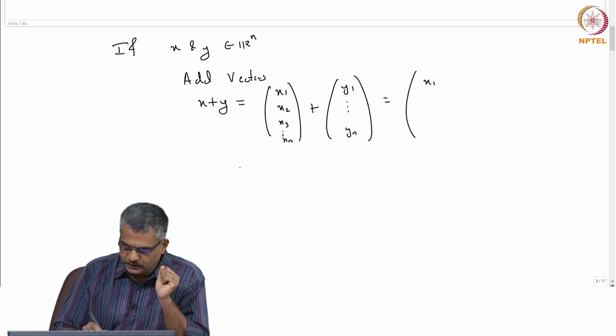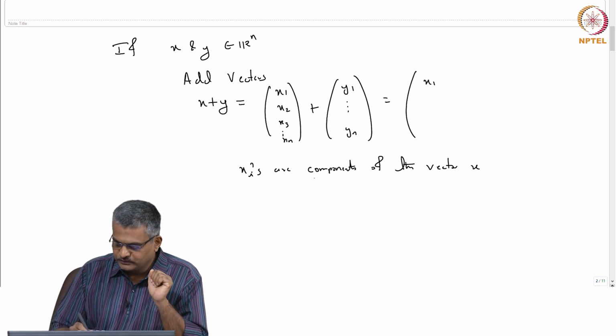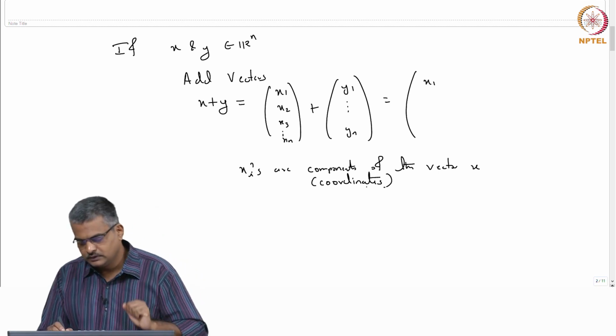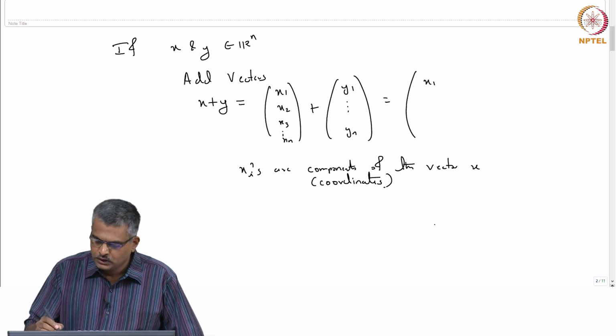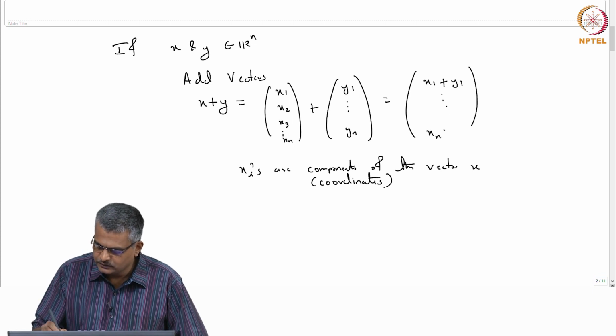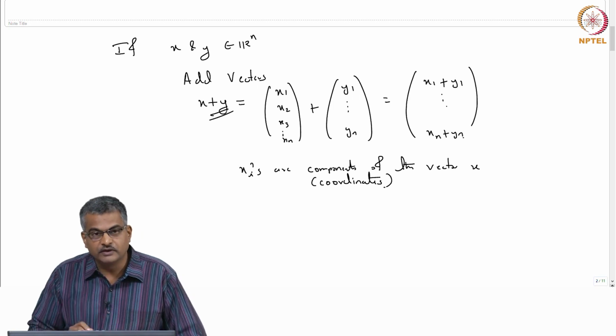These xi's are called the components of the vector x, or sometimes we also call them coordinates. xi is a coordinate of the vector x. So you do a component wise addition, and that is how this left hand side is defined.